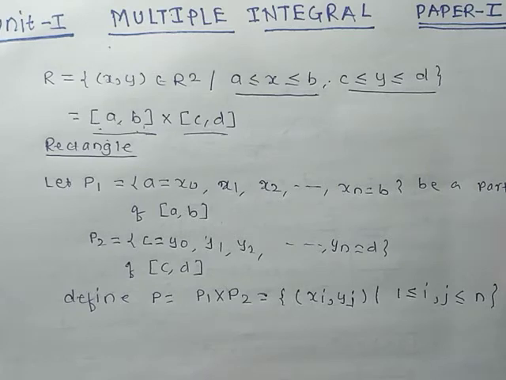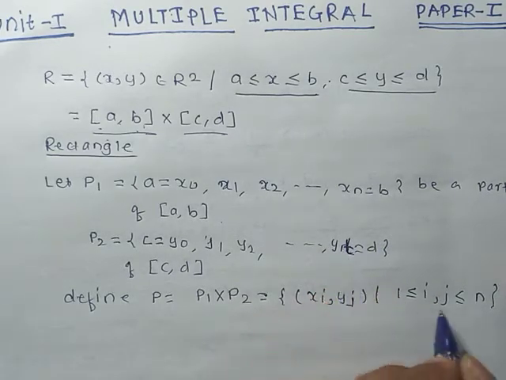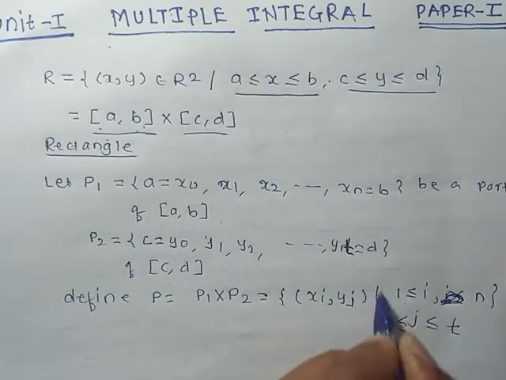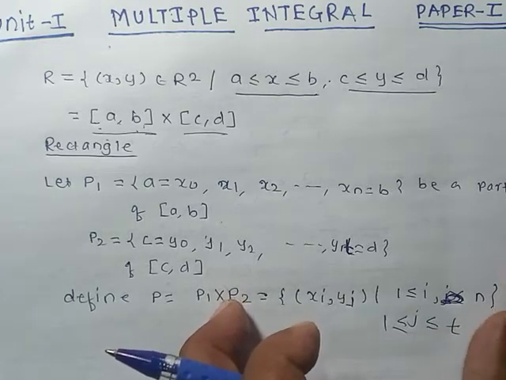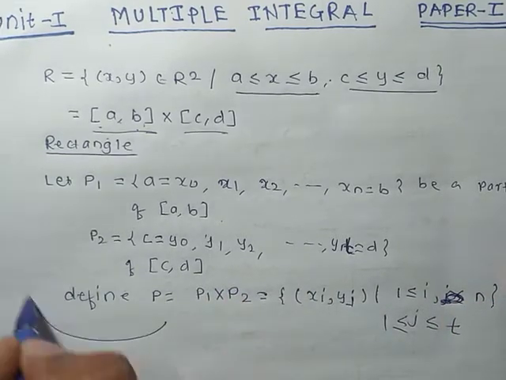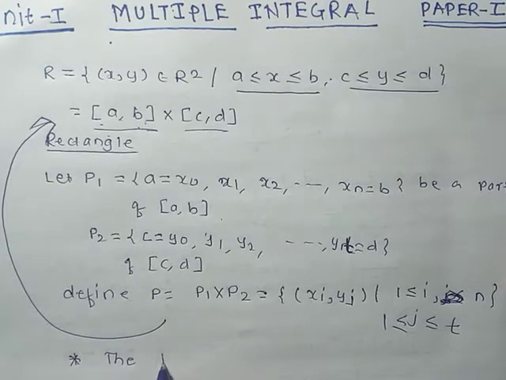This set is called the partition of the rectangle R. The partition P divides the rectangle R into sub rectangles.